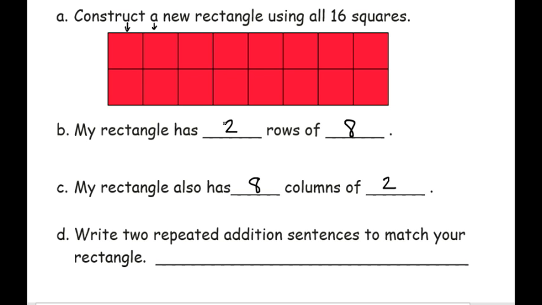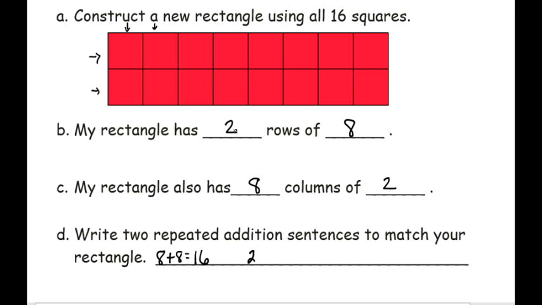We're to write 2 repeated addition sentences to match the rectangle. I could write 8 plus 8 equals 16, and that would be counting the 8 squares in each row.